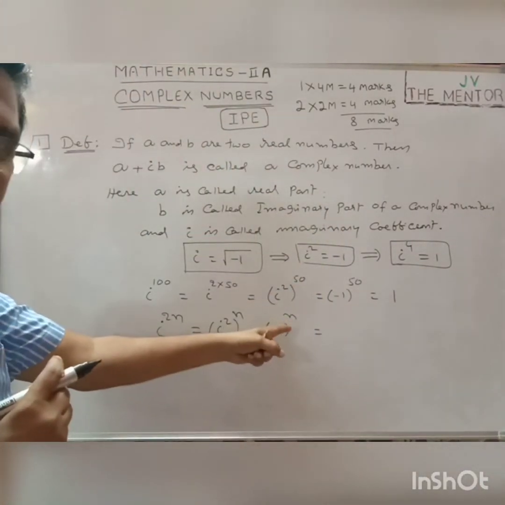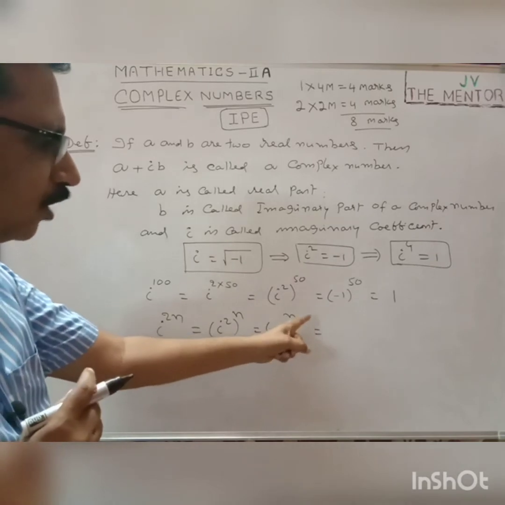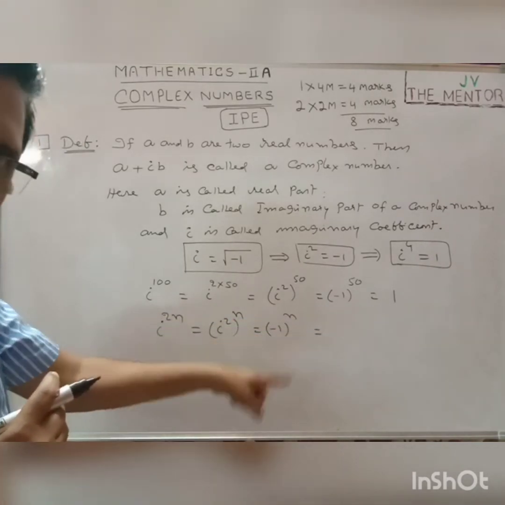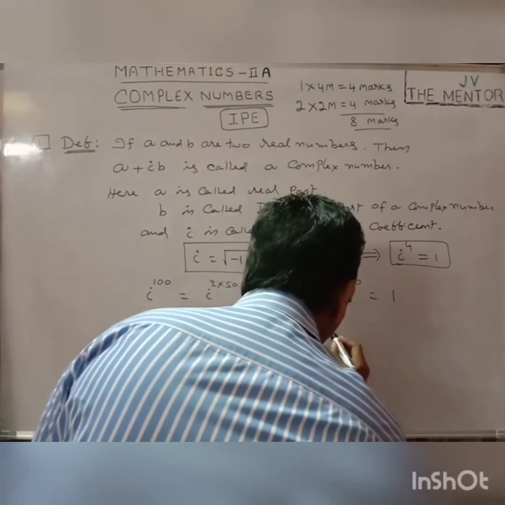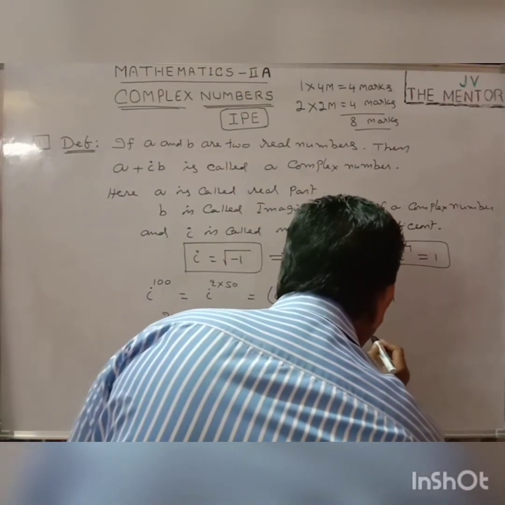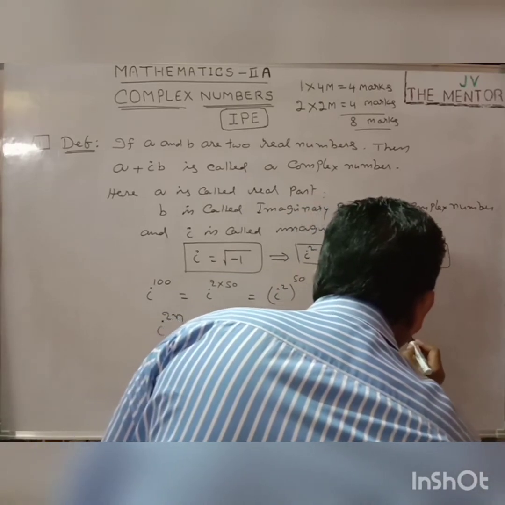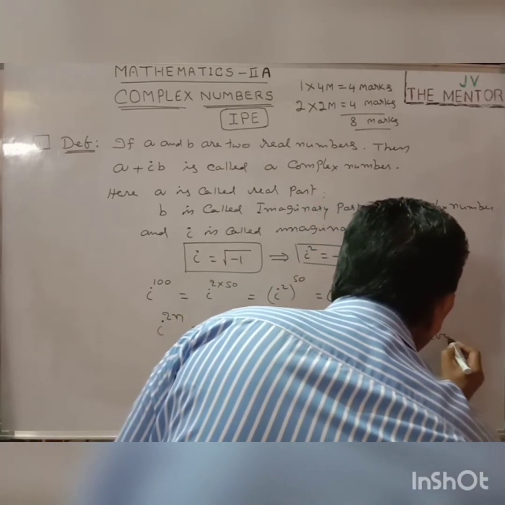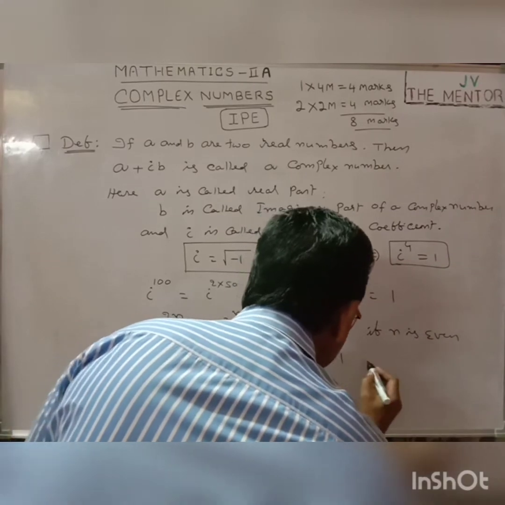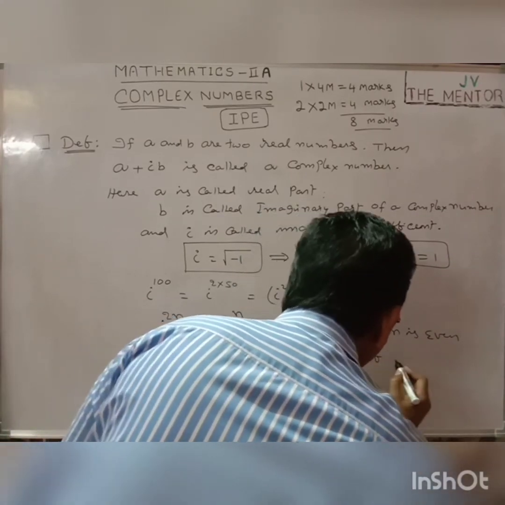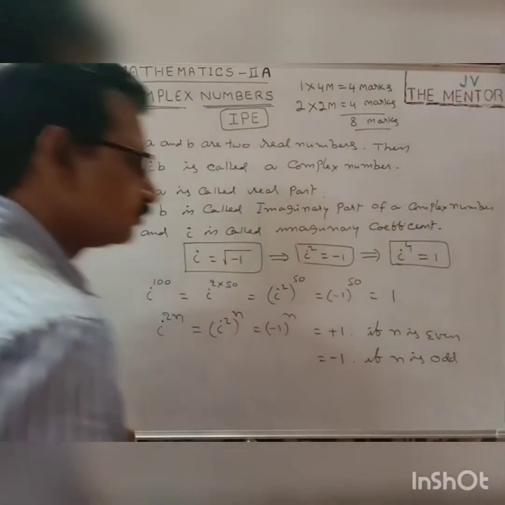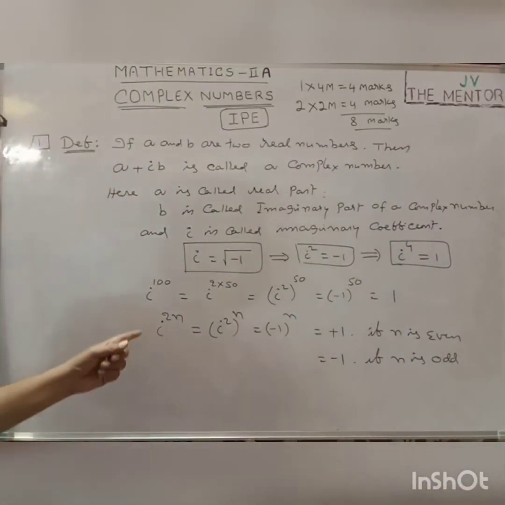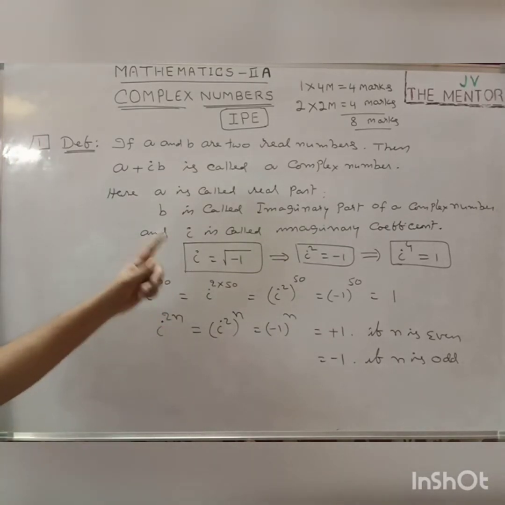If n is even, then -1 whole power even number is 1. If n is odd, -1 whole power odd is -1. So this equals plus 1 if n is even, and minus 1 if n is odd. This is the history of the imaginary coefficient i.